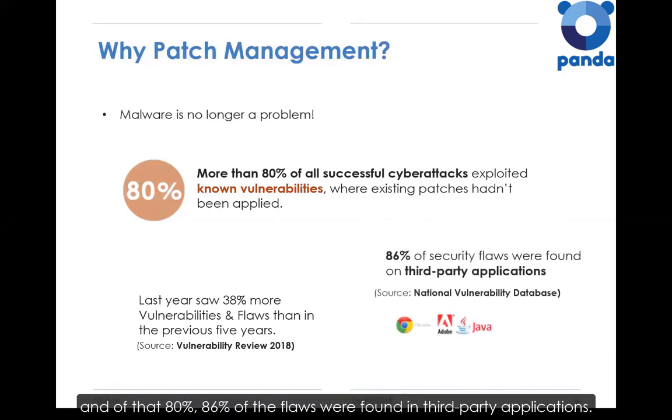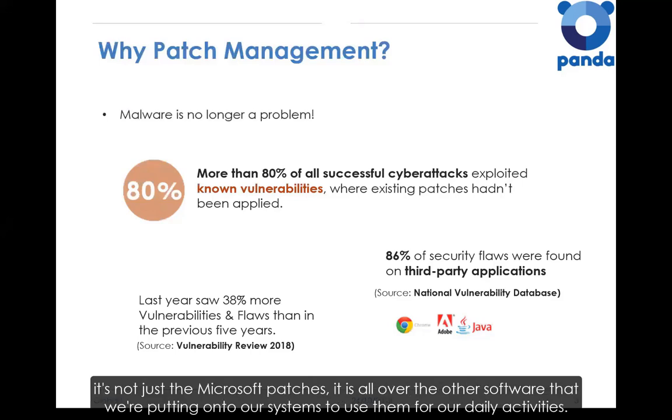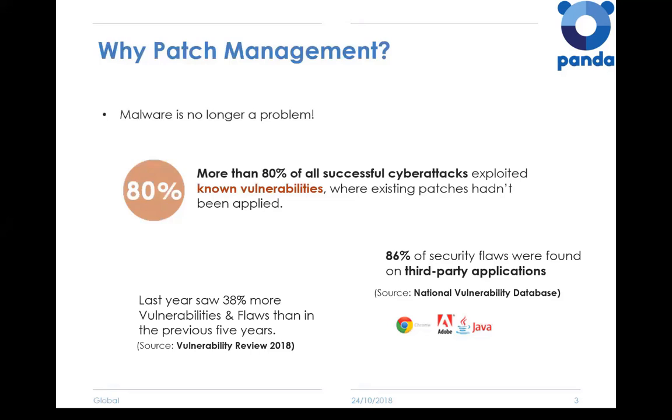And of the 80%, 86% of the flaws were found in third-party applications. So contrary to what many may believe, it isn't really just the operating system that we need to be worried about. It's not just the Microsoft patches. It is all of the other software that we're putting onto our systems to use for daily activities.